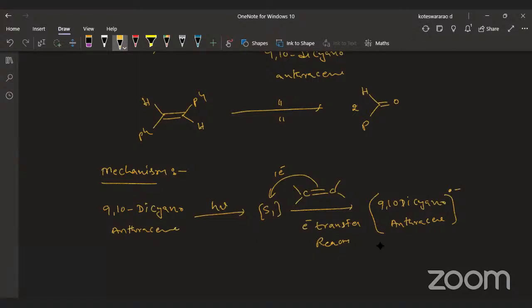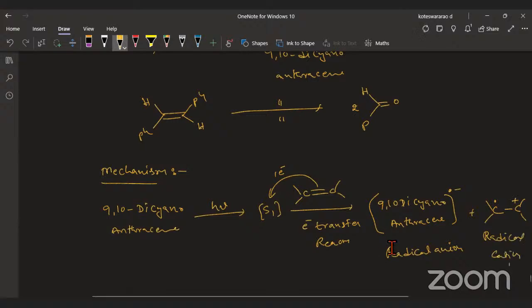At the same time, the olefin becomes a radical cation. This is the radical anion, and this is the radical cation.